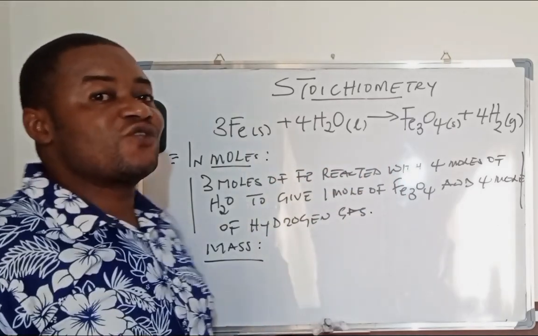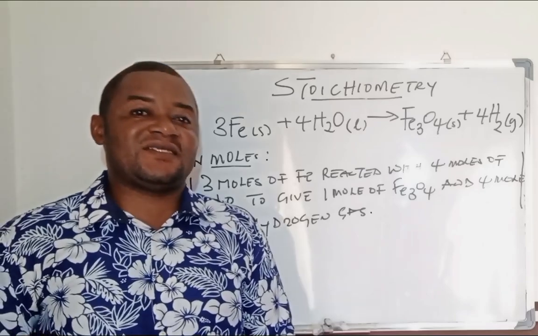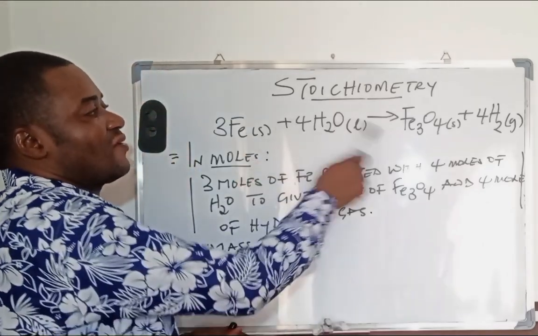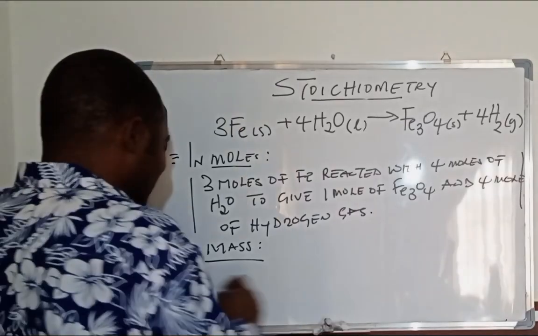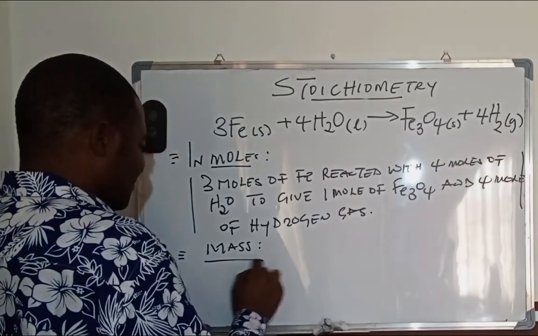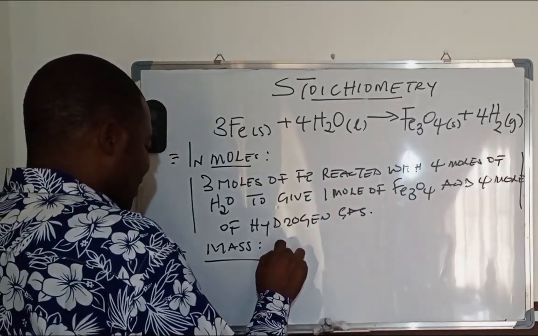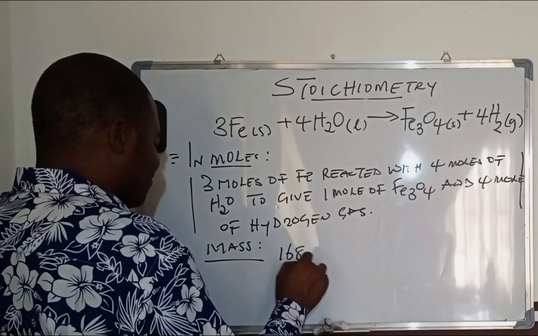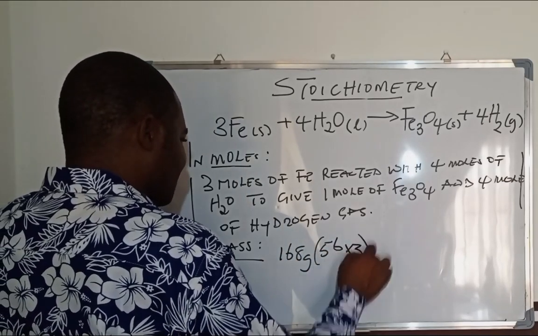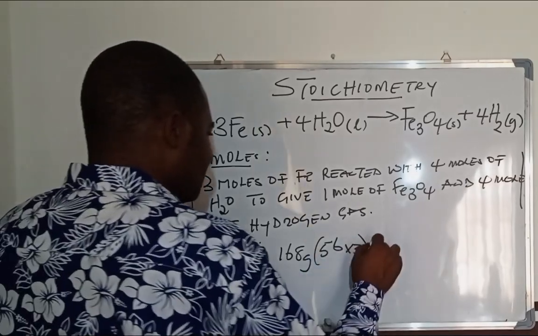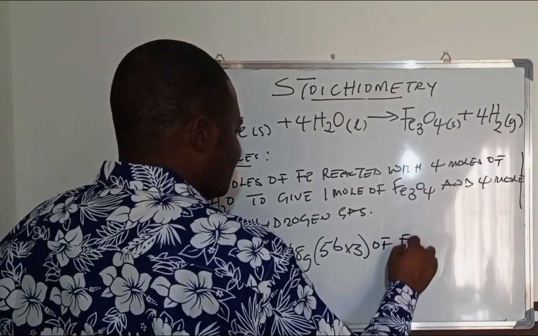Now, in that case, we need to understand what the molecular masses of these particular compounds are. So we will say 168 grams, which of course is 56 times 3. That means this is of iron.